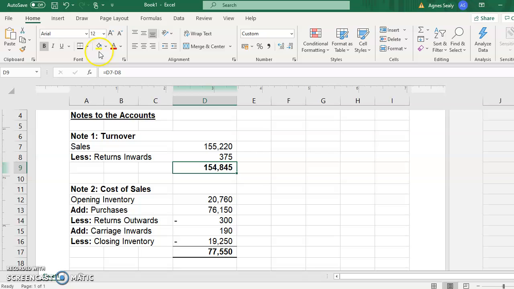So it is important to note these figures because we will be using them in our income statement. So I will see you in our next video.